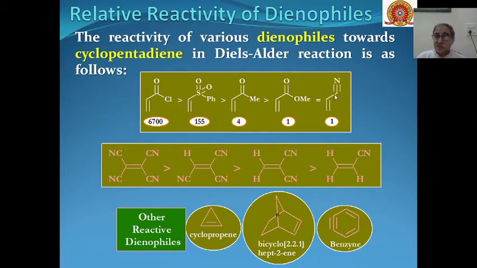For example, if we see this one where a cyano group is attached to the dienophile, if its reactivity is 1, the same will be for the dienophile having an ester group.